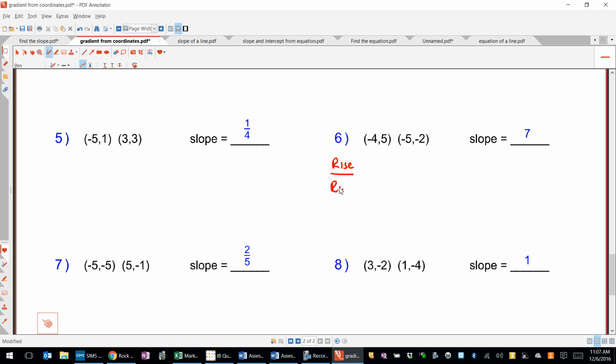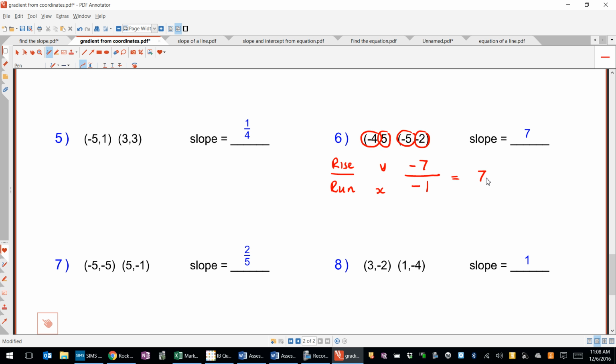The change in the y coordinates is 5 to minus 2, which is minus 7, and the x is from minus 4 to minus 5, which is minus 1. So I've got a minus and a minus, which equals a positive, so we end up with 7.